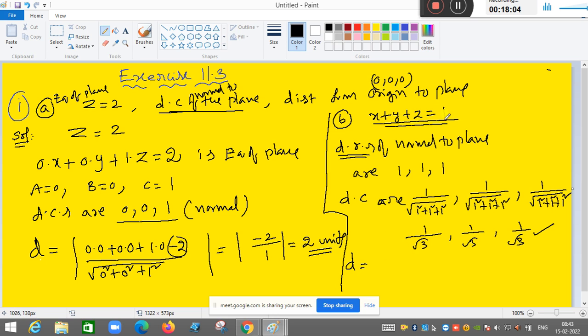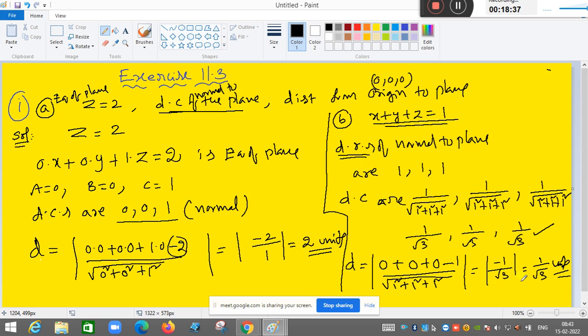In place of x, y and z put 0, so it is minus 1 by root of 1 square plus 1 square plus 1 square, which is minus 1 by root 3. Now the distance is 1 by root 3 units.